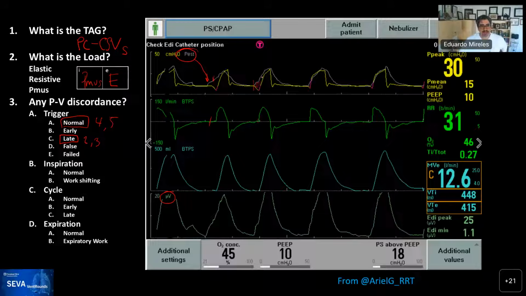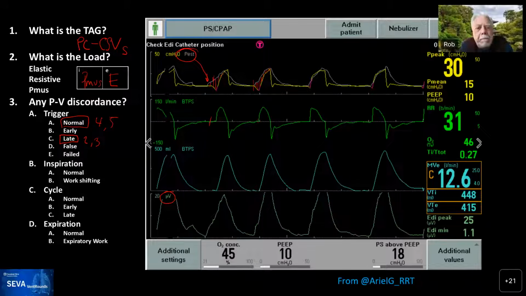And then in terms of cycle, which is when the breath ends, let me erase the graph for now. I'm using this pressure waveform, as Rob and Ren highlighted, as the timing of the EDI. That's how I'm using it.